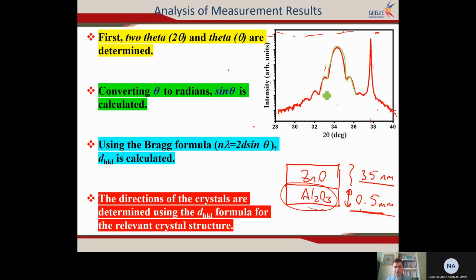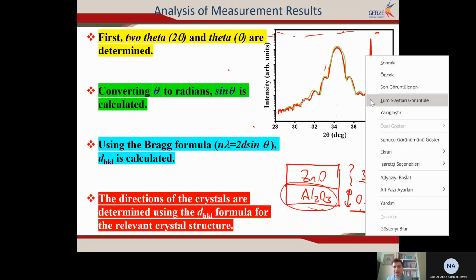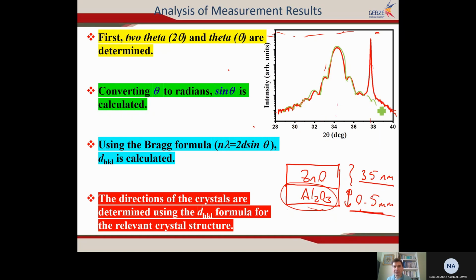On the left side, I have one satellite peak. On the right side, I have another satellite, and on the left side, I have another satellite. Actually, here you can see some other satellite peaks on the right side too, but they are under the intensity of this main peak.